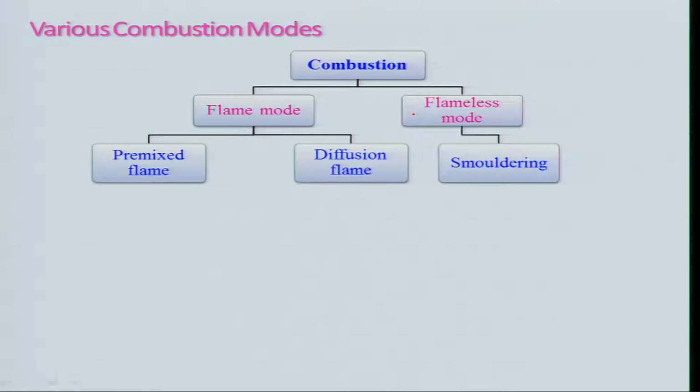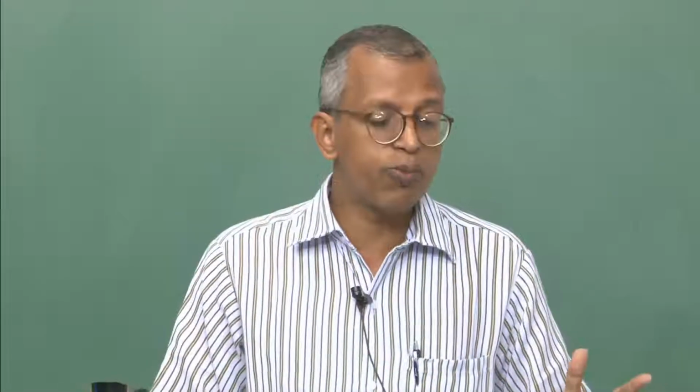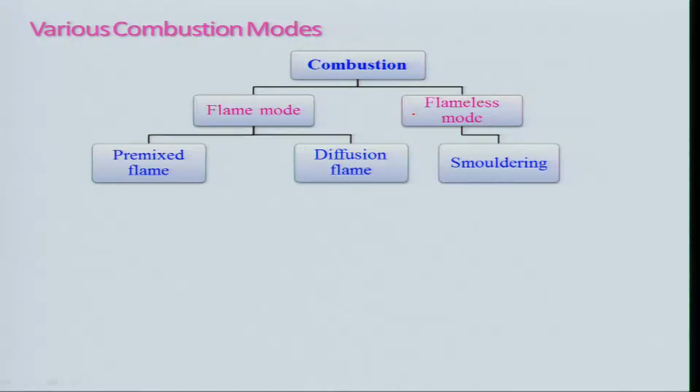There are various kinds of flame, which can be broadly divided into premix flame and diffusion flame. And nowadays people are talking about another flame known as partially premix flame, which I have not included here, but it is at the research stage.